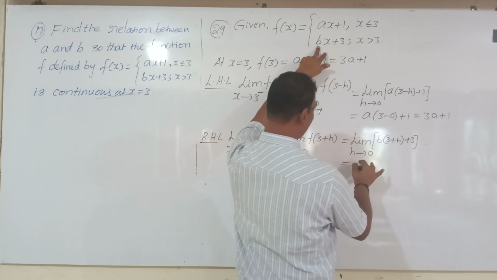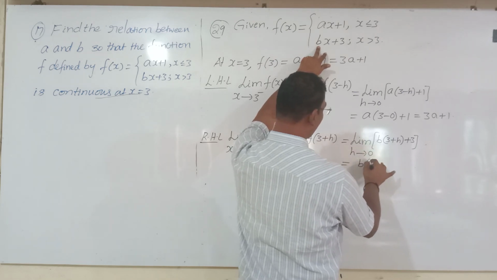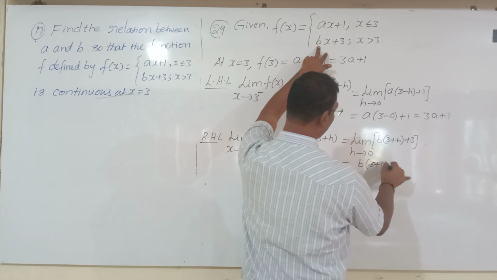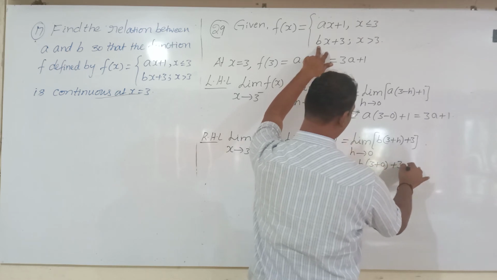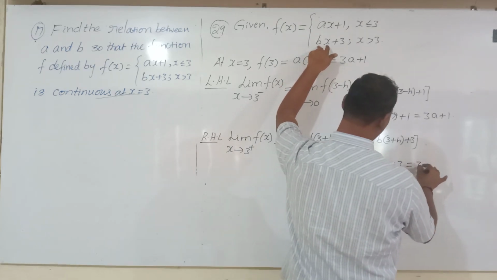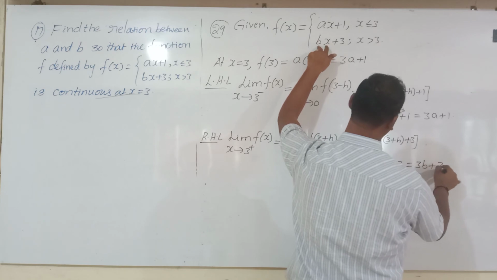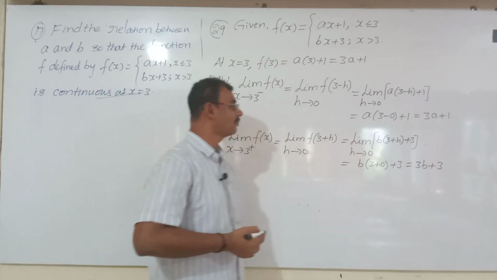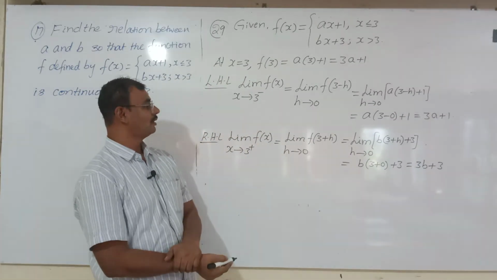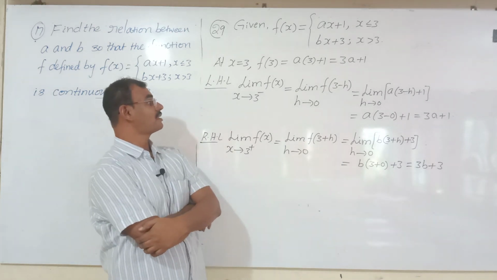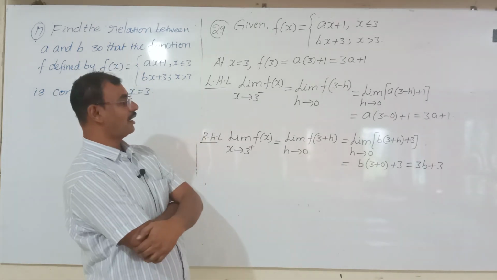Applying the limit, b into 3 plus 0 plus 3, which equals 3b plus 3. The left hand limit exists and the right hand limit exists.